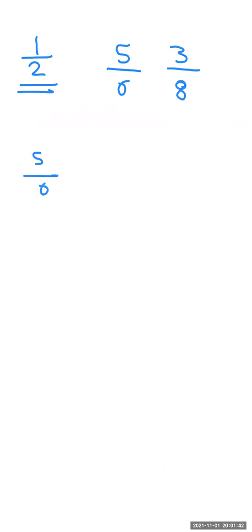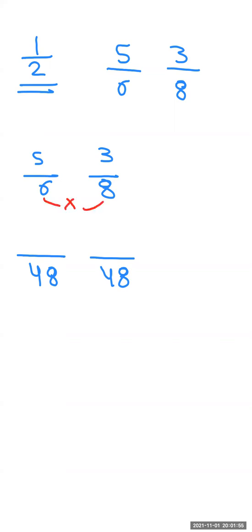The two denominators will be 48, which we got by multiplying the two denominators, 6 times 8. Now get the numerators. 5 times 8 is 40, 6 times 3 is 18.